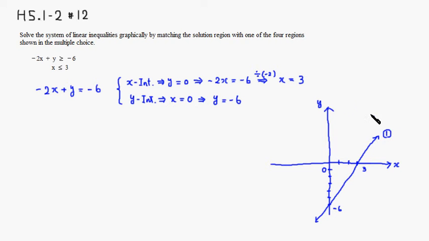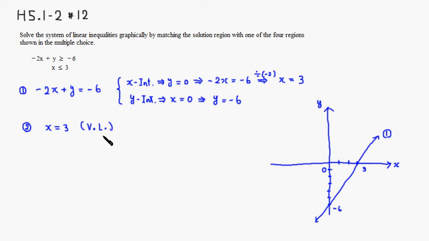The second borderline, we turn that into an equality: x equals 3. This is going to be a vertical line, since x equals a constant would be a vertical line.